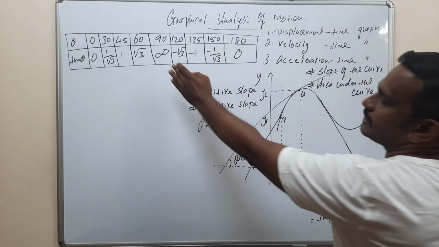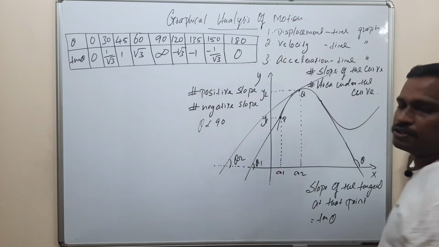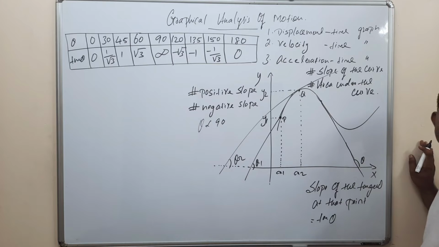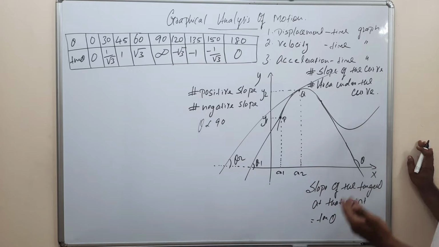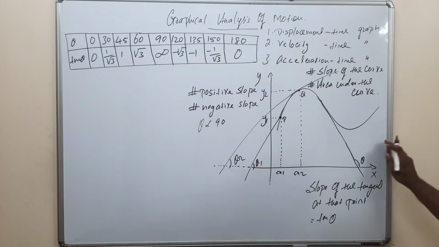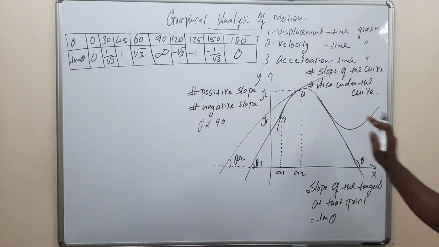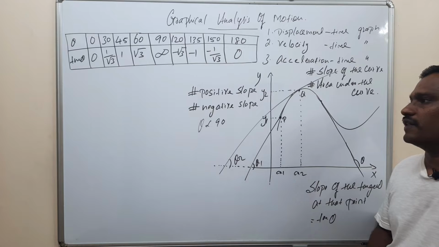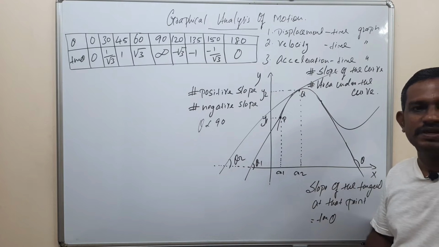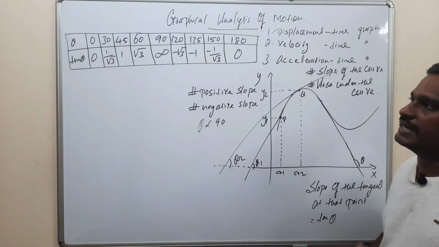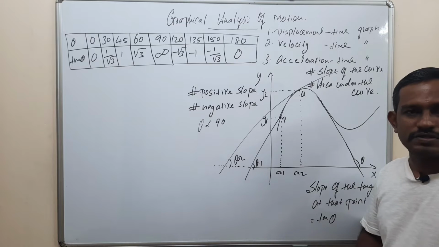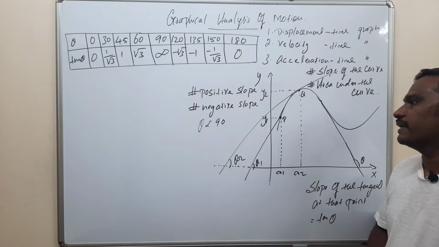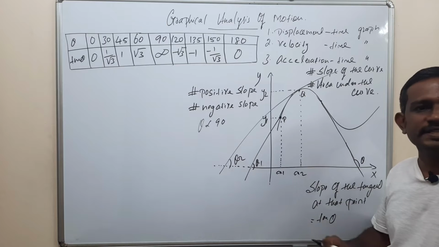So the angle value is greater than 90 degrees, that is negative values only. So theta is negative, that is called negative slope. Clear? Positive slope is if the angle made by the tangent with the horizontal x-axis is less than 90 degree, or otherwise the tangent at the increasing portion of the curve.